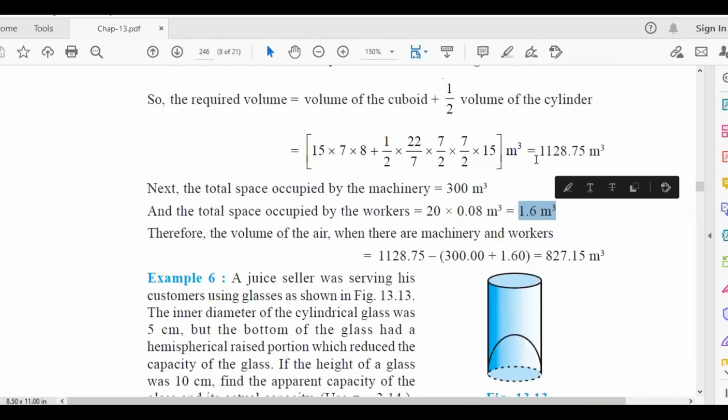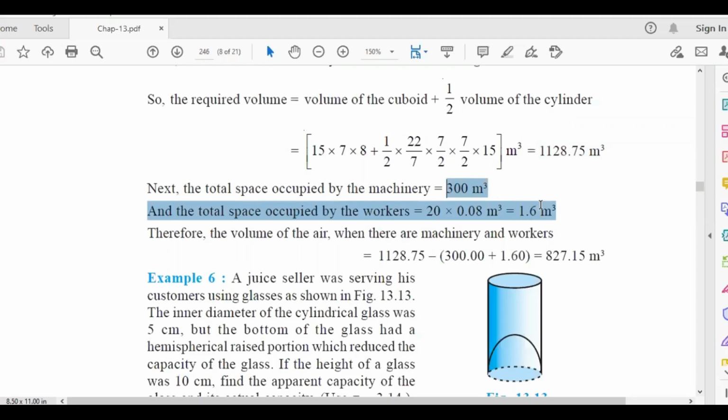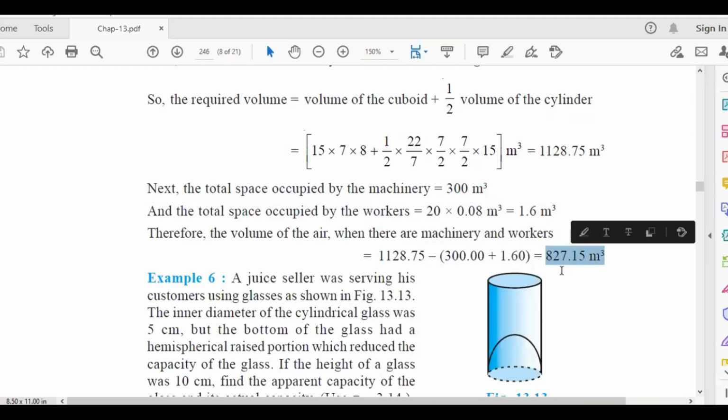So from the total volume of the shed, you want to subtract the sum of these two volumes. That will be the remaining volume that the air can contain. Adding 300 plus 1.6, then subtracting that sum from this number, you will get 827.15 meter cube. That will be the volume that air contains.